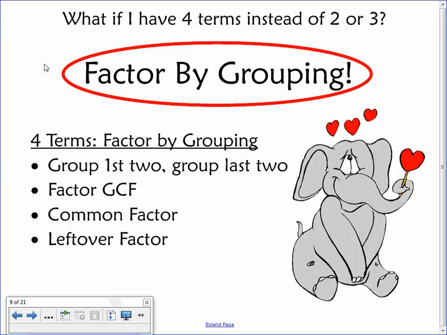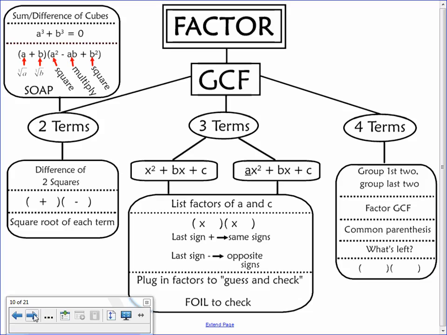And then whatever the leftover factor is, that's what you put in your other one. Because when we're factoring, it should still go down to 2 sets of parentheses, like we always do when we factor. So if you're looking at the flowchart, we're looking all the way over here, 4 terms. Group first 2, group last 2, factor GCF, common parenthesis, what's left goes down into here. All right, so this is what we're focusing on.